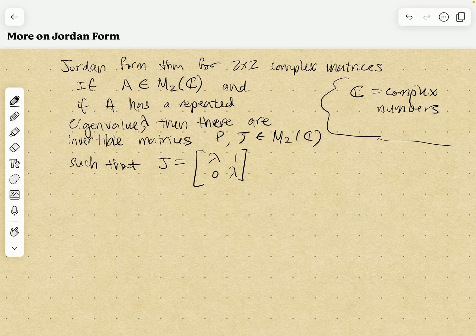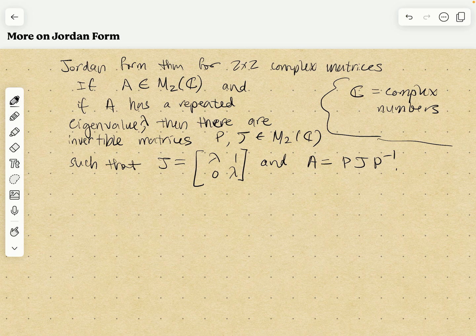Like this, and A is equal to P times J times P inverse. So in terms of similarity, A is similar to this matrix J, which is an upper triangular matrix.